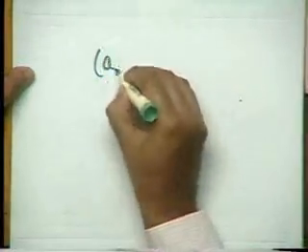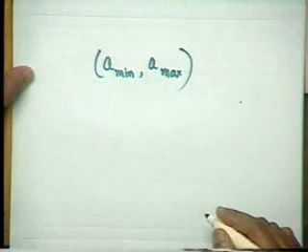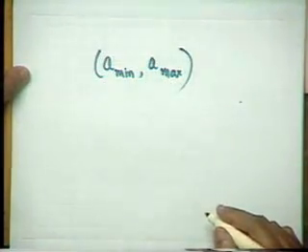Now the pertinent question is: how many divisions do we make for A and B? How many cell divisions do we make? What is the range of A and B? Definitely we have to draw the accumulator cells for A within the limits A min and A max, where A min is the minimum value of slope and A max is the maximum value of slope.